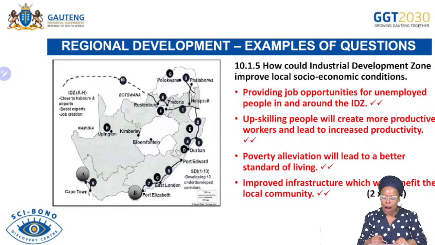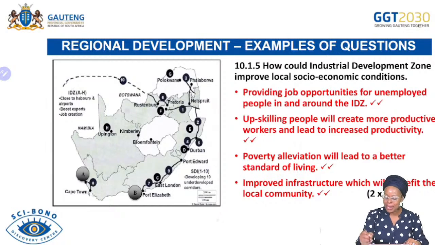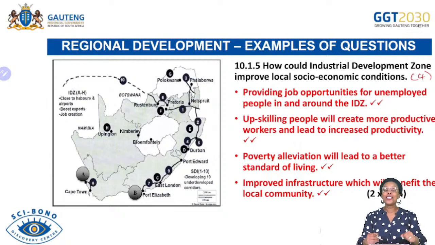The last one, how could industrial development zone improve local socio-economic conditions? Do you see that I have about 4 answers here, meaning that it is a 4-mark question, but it can also be an 8-mark question of a higher cognitive level. So you can mention that it provides job opportunities for unemployed people in and around the IDZ.